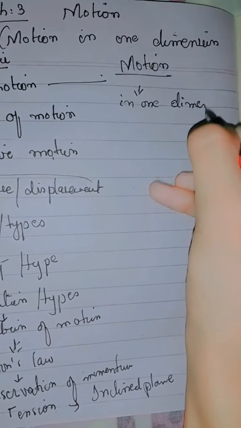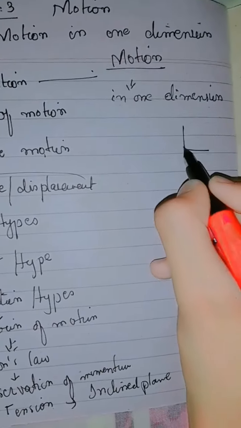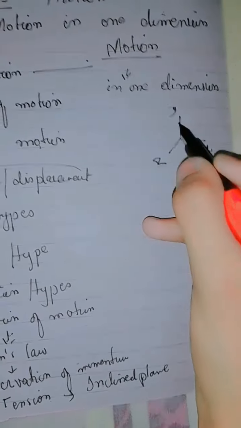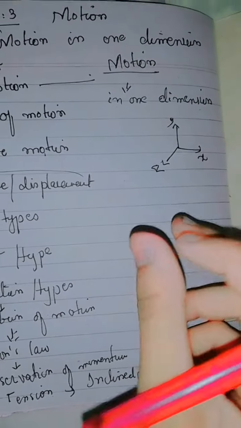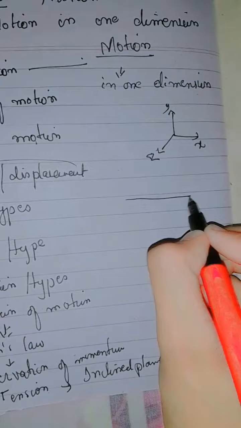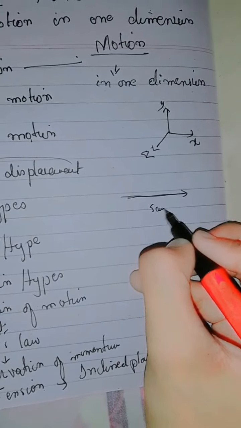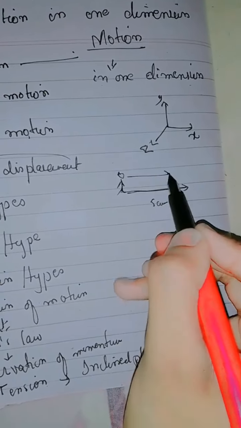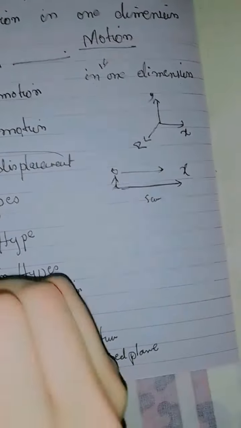What does it mean? We have a coordinate system, that is x, y and z. For example, if a person is moving on a floor and covers a 5 centimeter distance, moving from here to here, it means he is in the x direction.